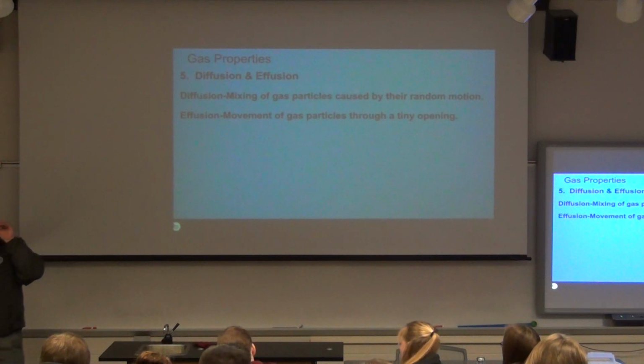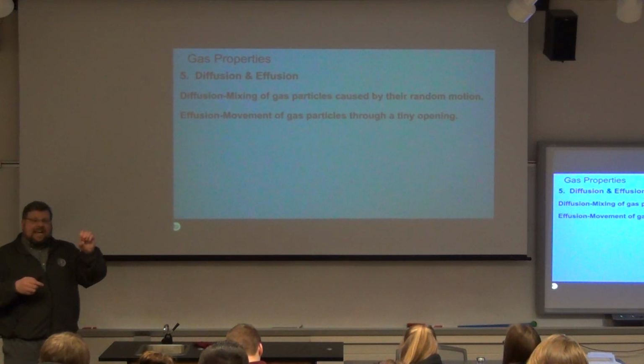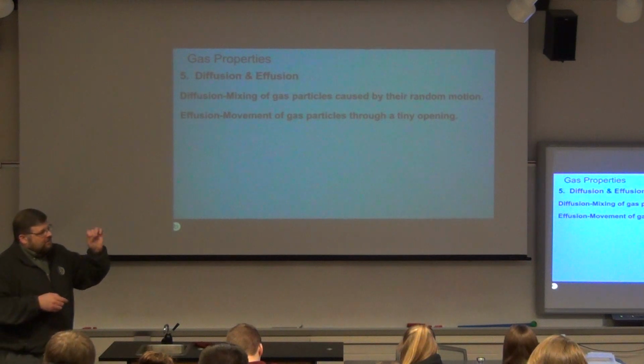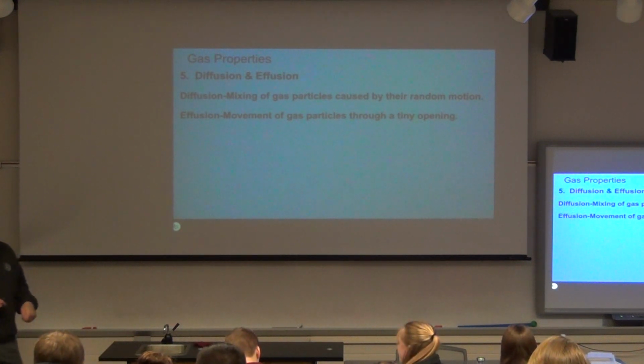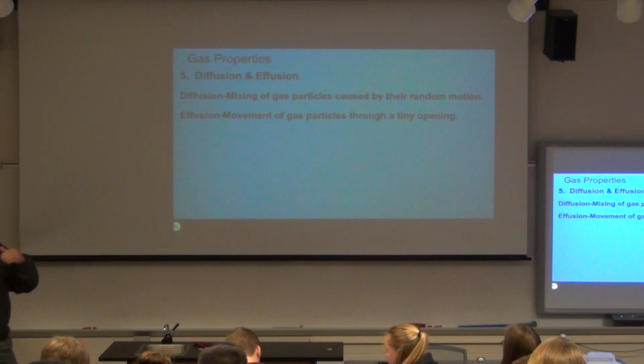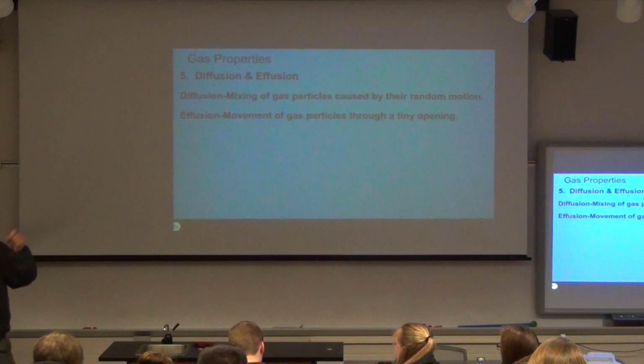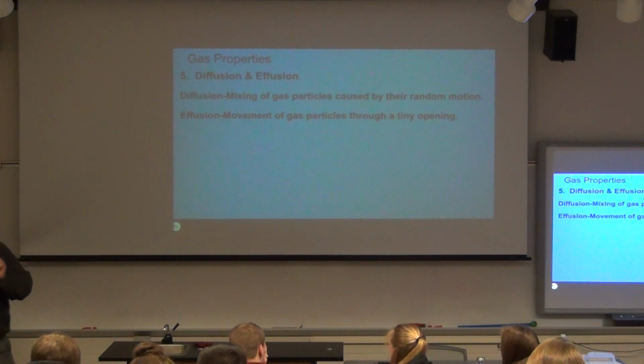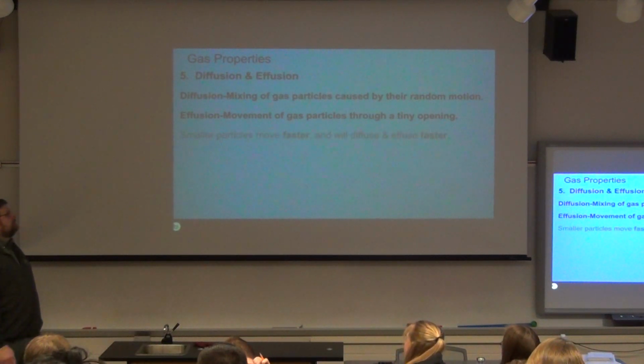Effusion is the movement of those gas particles through a tiny little opening, a tiny little doorway. Because those atoms are moving around, they can find their way. Eventually they're going to bounce around, find that opening, and make their way through it.